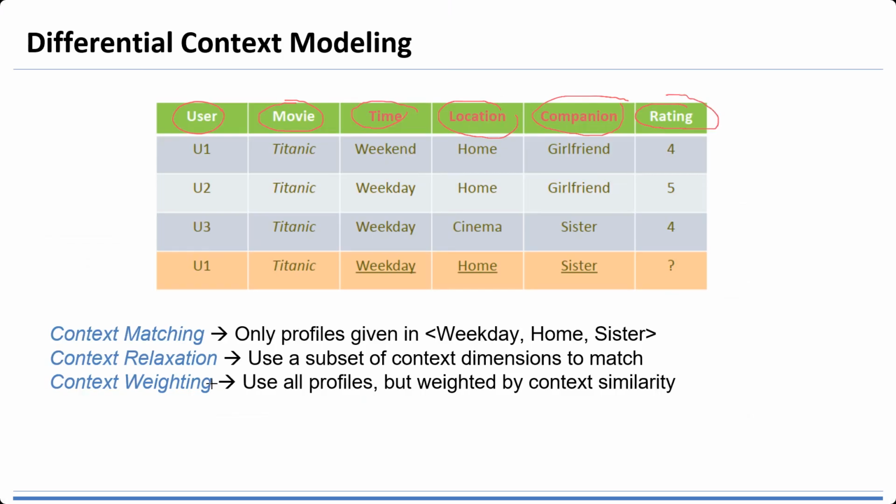As we already learned previously, we have some terminology. In the differential context modeling, again, we want to check on the context.